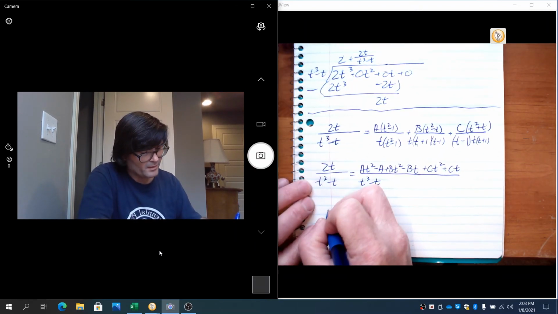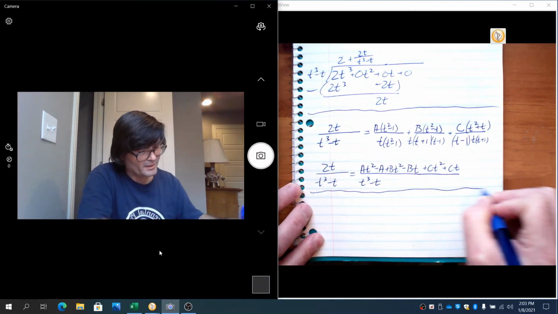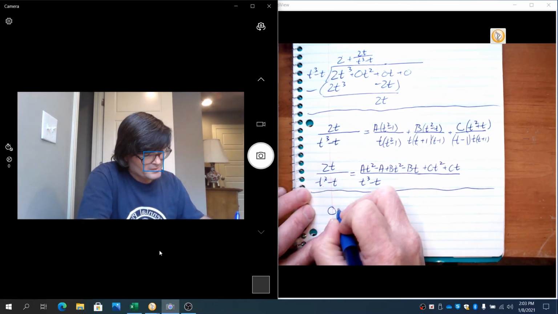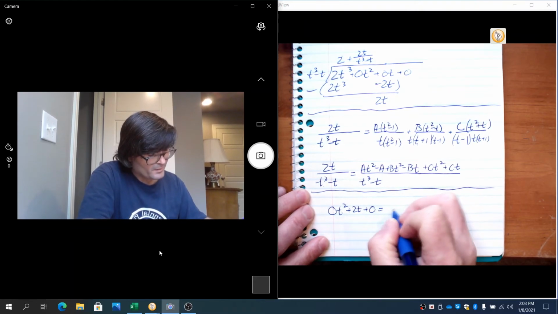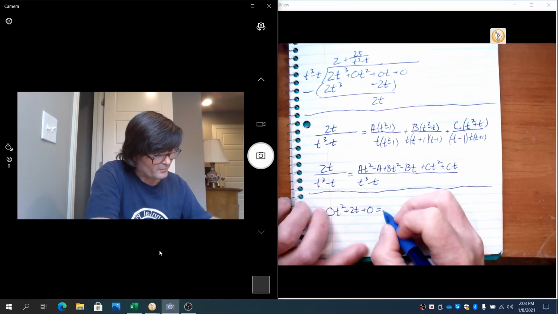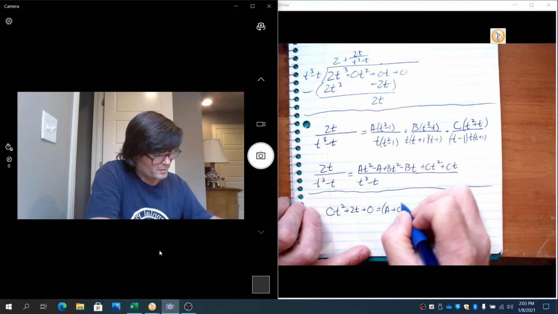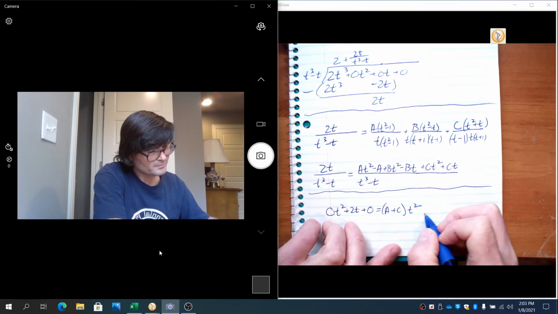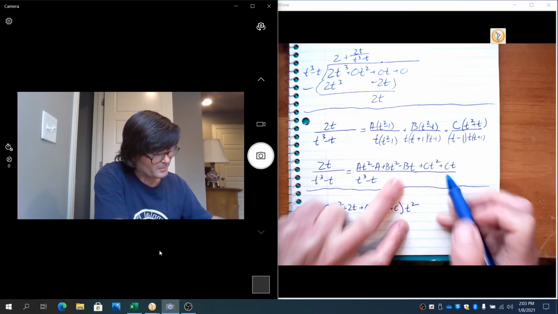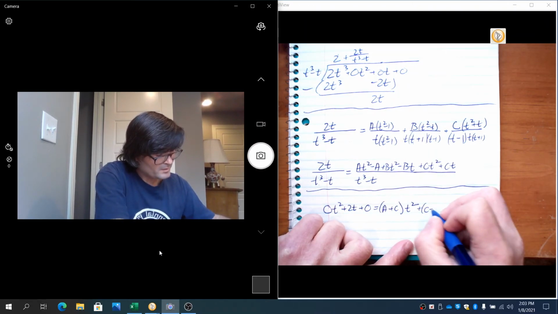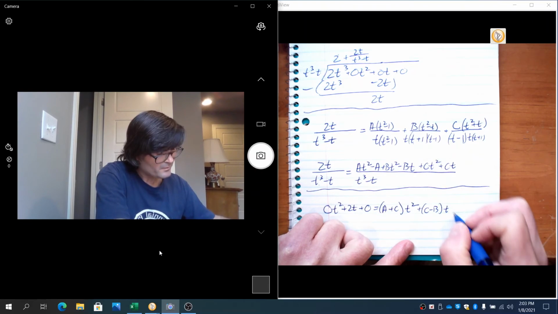So I'm going to just kind of draw another little line here to stay organized. 0t squared plus 2t plus 0. We've got 2 squared terms, so we'll have A plus C t squared. And then we've got a t term, so we'll have plus C minus B t.